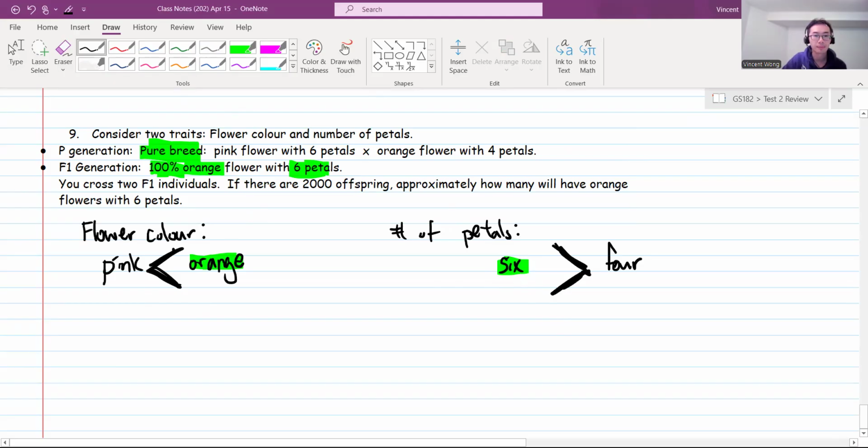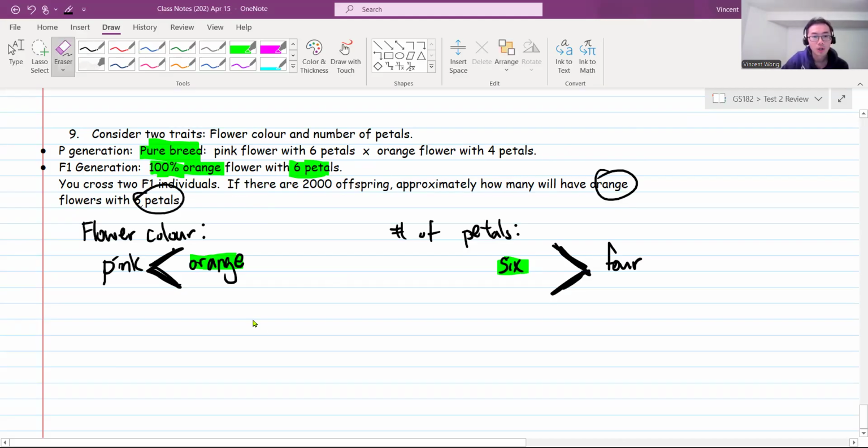So that's okay for now. You don't really have to do the letters necessarily. You can try to figure it out here. You cross two F1 individuals, so the F1s are all heterozygotes, which means this is the 9-3-3-1 situation. If there are 2,000 offspring, approximately how many will have orange flowers and 6 petals?